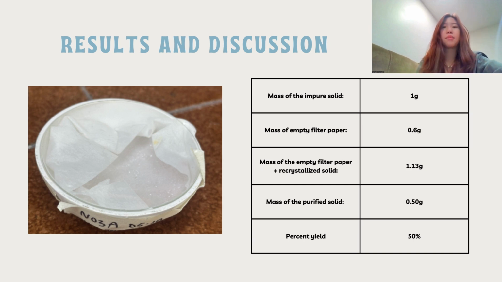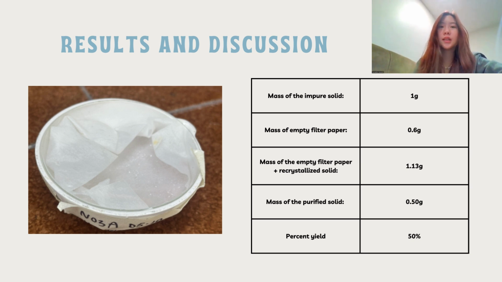The mass of the empty filter paper plus the recrystallized solid of the final product was found to be 1.13 grams. To compute for the mass of purified solid, we have to subtract 0.6, or the mass of the filter paper, from the mass of the filter paper plus recrystallized solid, which was found to be 0.50 grams.